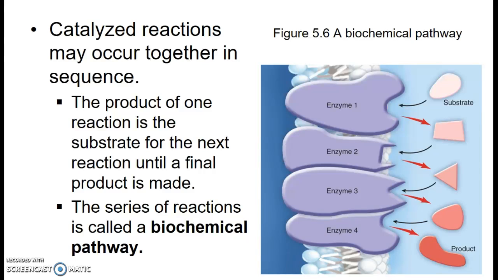Okay, so one important concept that I would like for you to take away from this chapter that will help with the next two chapters is that catalyzed reactions in biological systems often occur in a series or in a sequence together. And so the product of the first reaction will be the substrate or the reactants for the next reaction until the final product is made.